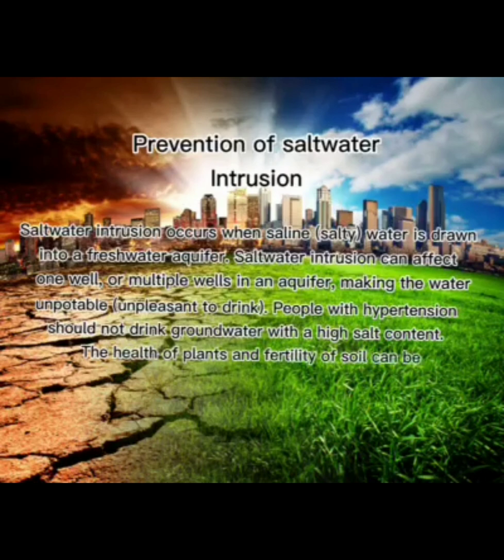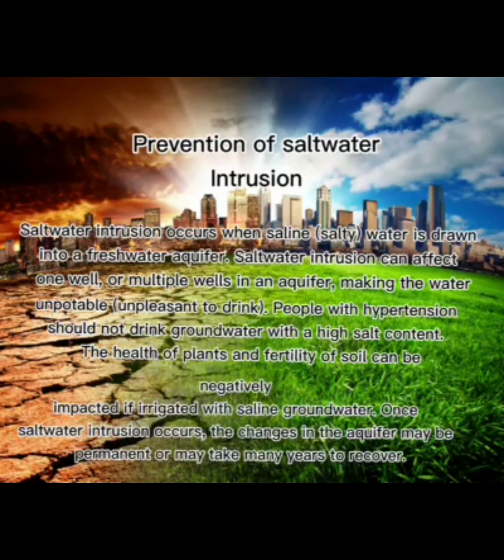People with hypertension should not drink groundwater with a high salt content. The health of plants and fertility of soil can be negatively impacted if irrigated with saline groundwater. Once saltwater intrusion occurs, the change in the aquifer may be permanent or may take many years to recover.